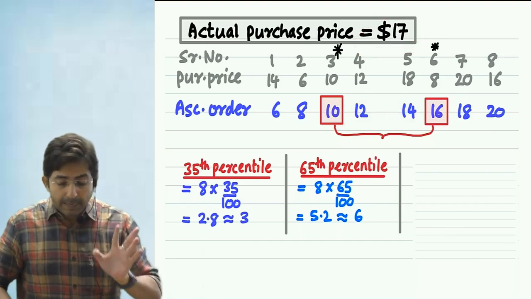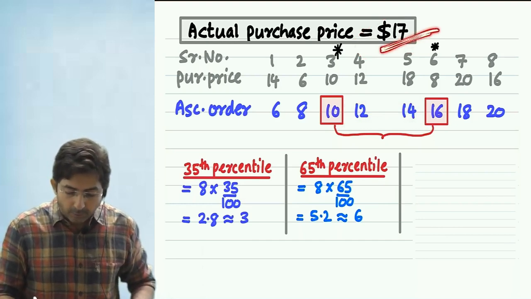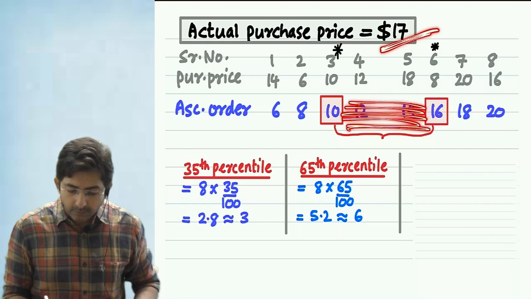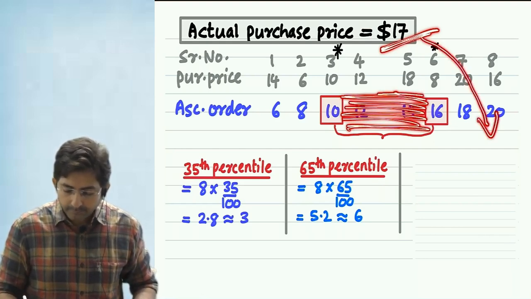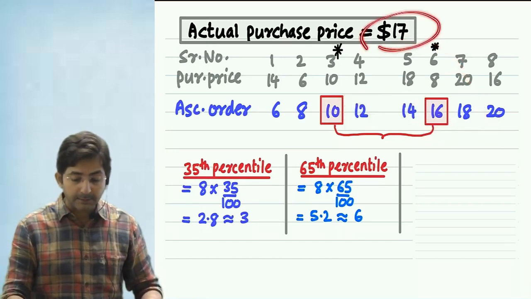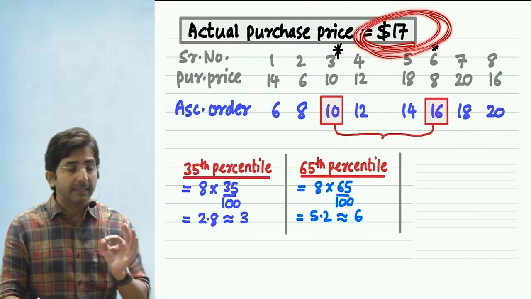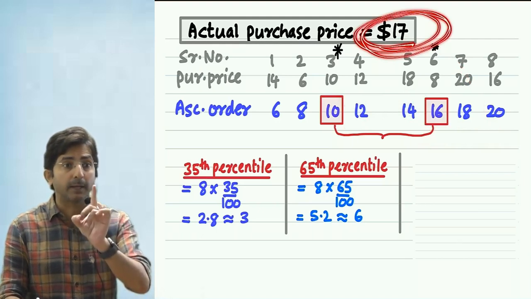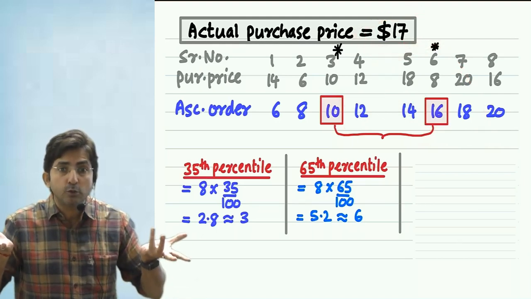But in my example, this $17 is within the range or outside the range? It is in fact here. It is even above 16. So since our price is not falling within 10 and 16, it is not a genuine price. So then what should be the genuine price?